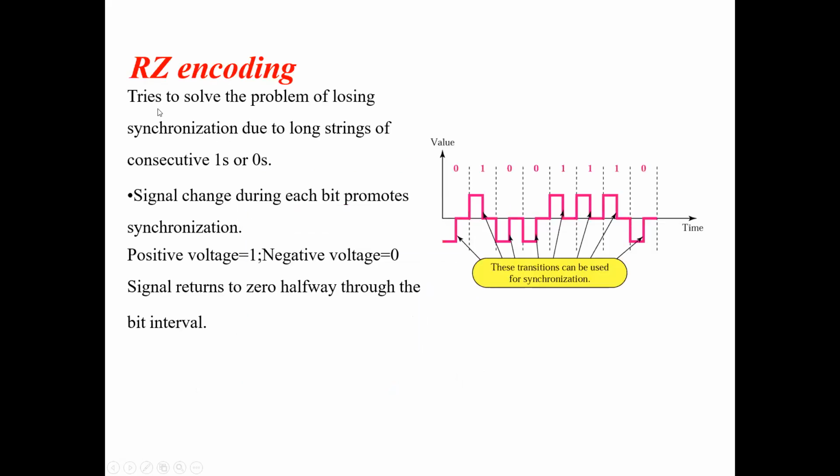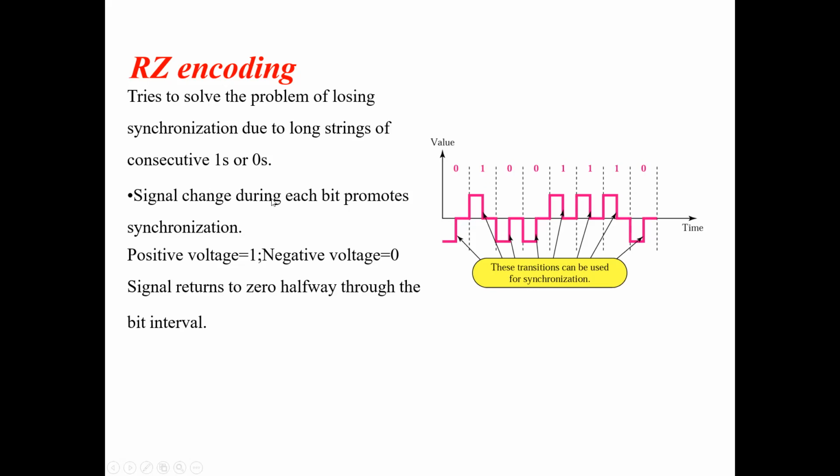Next is RZ encoding. It tries to solve the problem of losing synchronization due to long strings of consecutive ones or zeros. With long strings of zeros and ones, we see less amplitude and the distance is less.